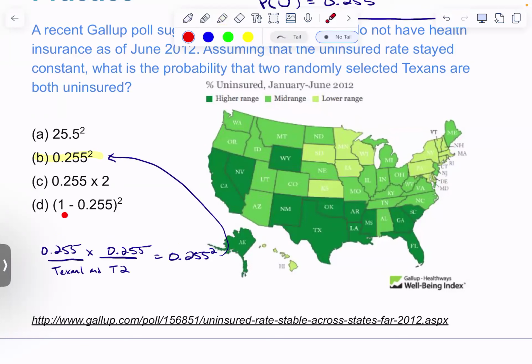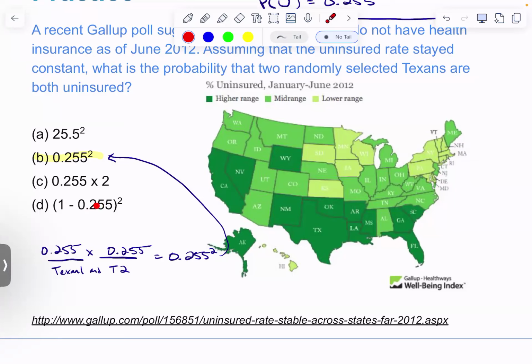What's this probability? Focusing here. This is the probability of two randomly sampled Texans having insurance, because 0.255 is the probability of being uninsured.